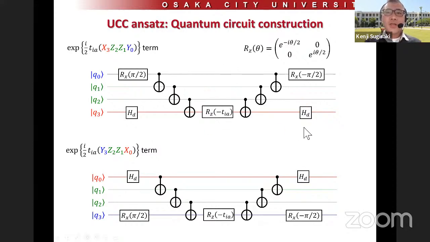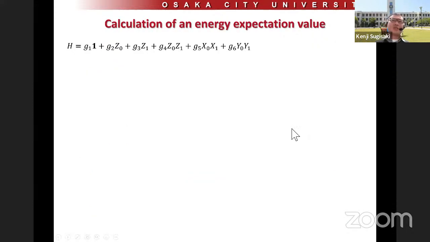But in order to obtain the energy, to perform the VQE calculation, we have to calculate the energy expectation values. So let us think about the Hamiltonian given here. This is a Hamiltonian for the hydrogen molecule, applying the Bravyi-Kitaev transformation and applying two-qubit reduction by using symmetry.